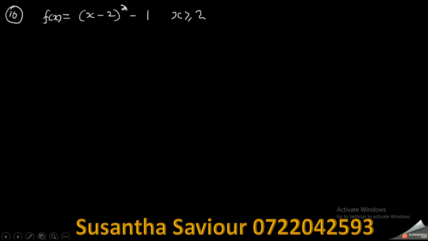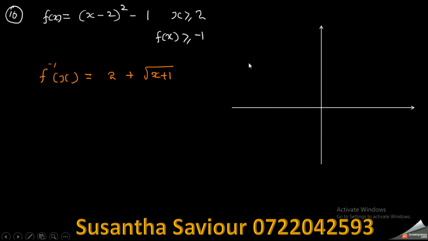Here (x minus 2) squared minus 1, x greater than or equal to 2. What will happen here? Only the right hand side of 2 is taken. So we will first sketch this, right? Greater than or equal to 2. This side is not taken. Now here I have directly given you the f inverse.